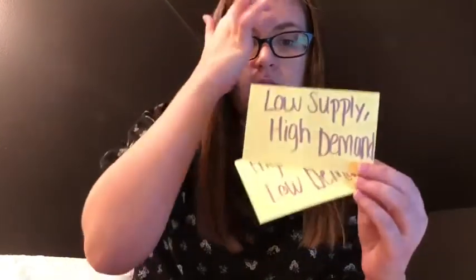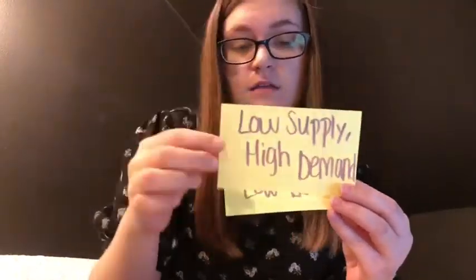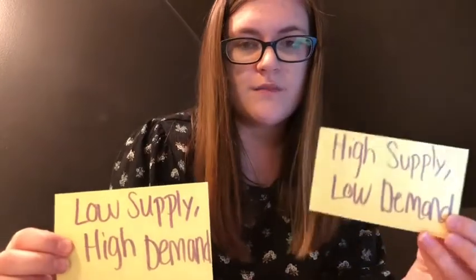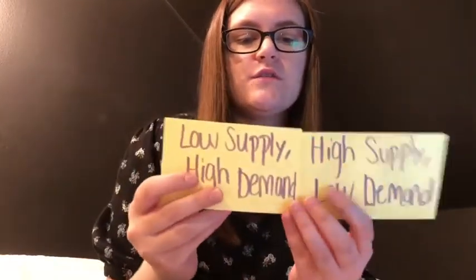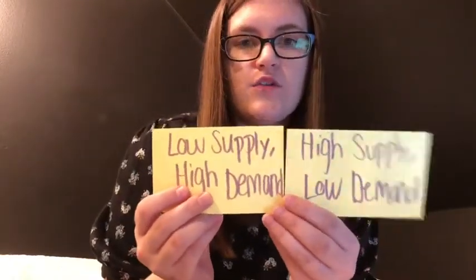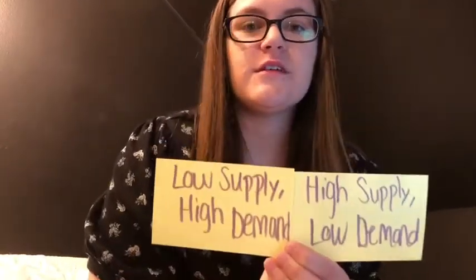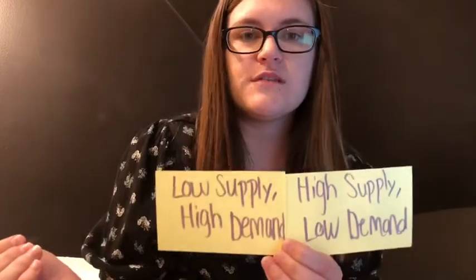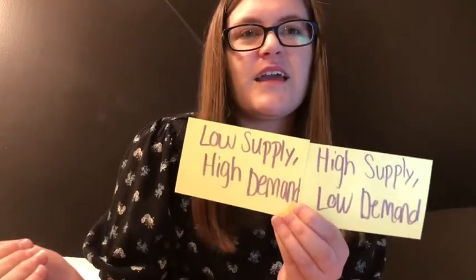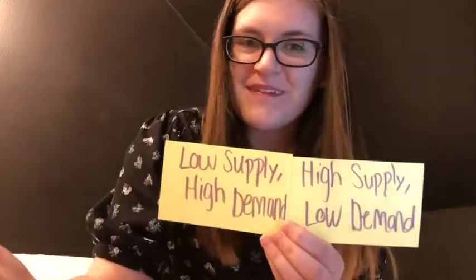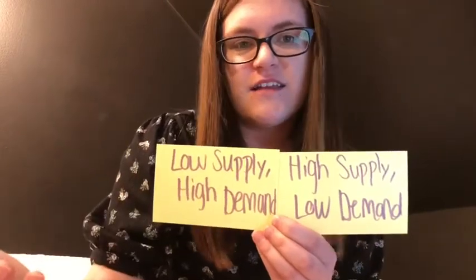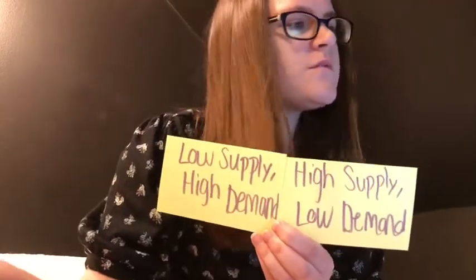Alright, so I'm going to hold up two index cards. One says low supply, high demand, and one says high supply, low demand. And so you're going to choose between the two of these when I read out a situation. And I'm going to give you a few seconds after I read the situation. And you at home can say your answer, and then I'm going to give the correct answer afterwards.